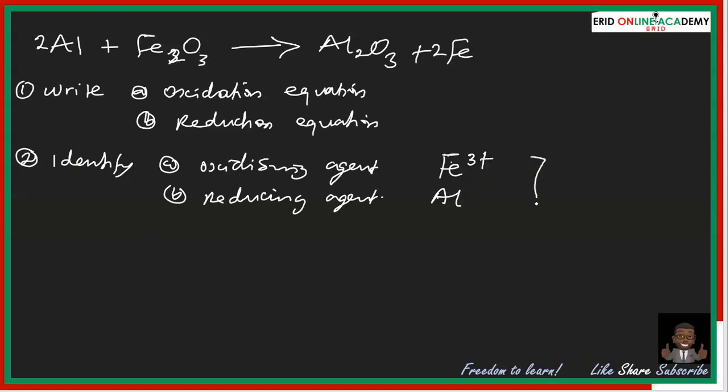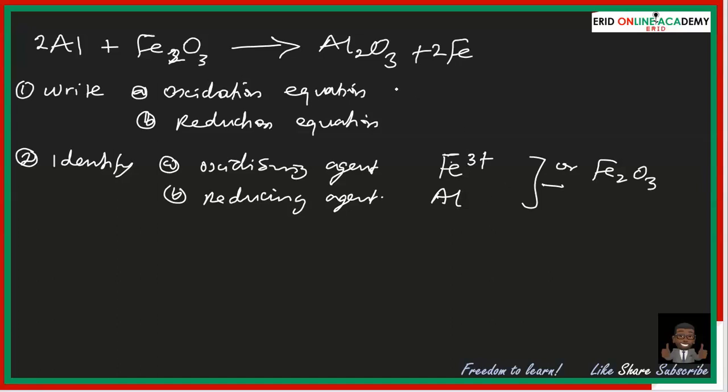Iron is your product. This iron ion is your reactant. So you say iron 3 oxide is your oxidizing agent, or iron 3 ion. Do you get that? Okay.